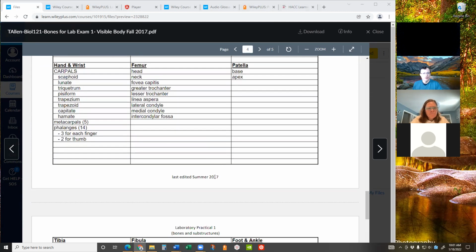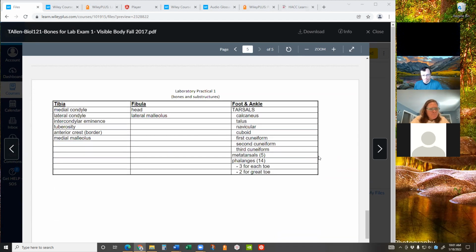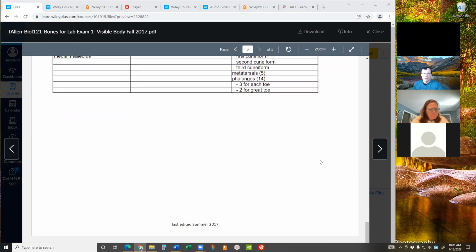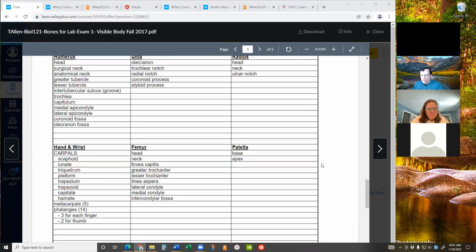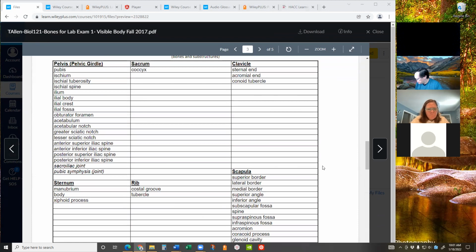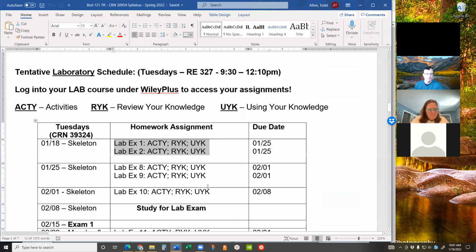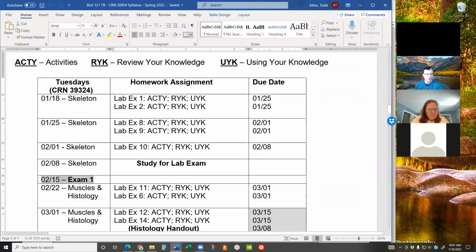All right, so I've now shown you this document, and as I've mentioned, this is the list of words whose anatomy you must be capable of identifying, and you will be tested on them on February 15th.